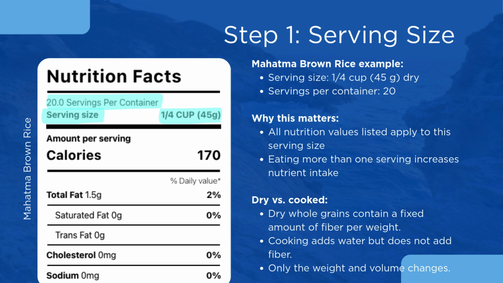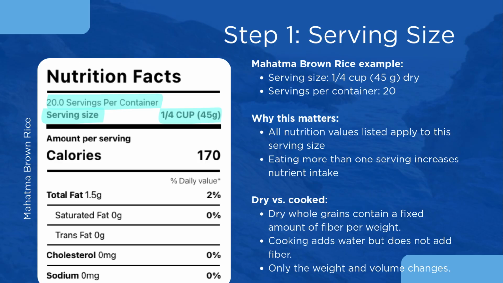So we can lower the amount, use the amount as it is, or get more of the amount depending on how much you're consuming. For the Mahatma brown rice, we see a serving size of 1/4 of a cup or 45 grams, and this is when it's dry. And per container, you can get 20 servings.